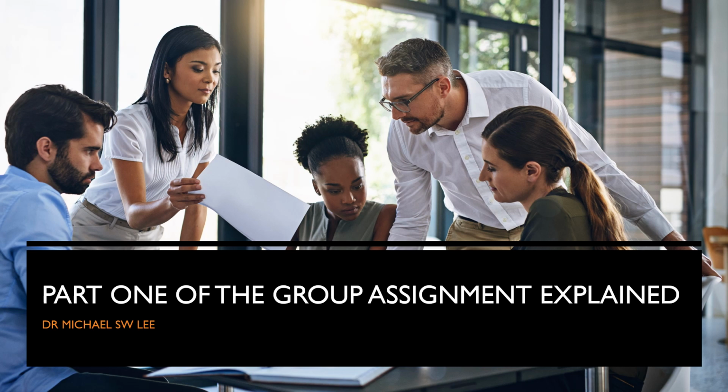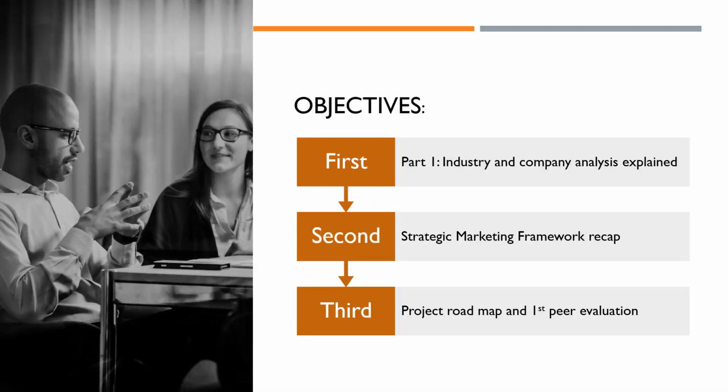Hi guys, this is a quick video explaining part 1 of the marketing strategy group assignment. I'm going to talk about 3 things today. The first is part 1 of the assignment, which is essentially the industry and company analysis explained.